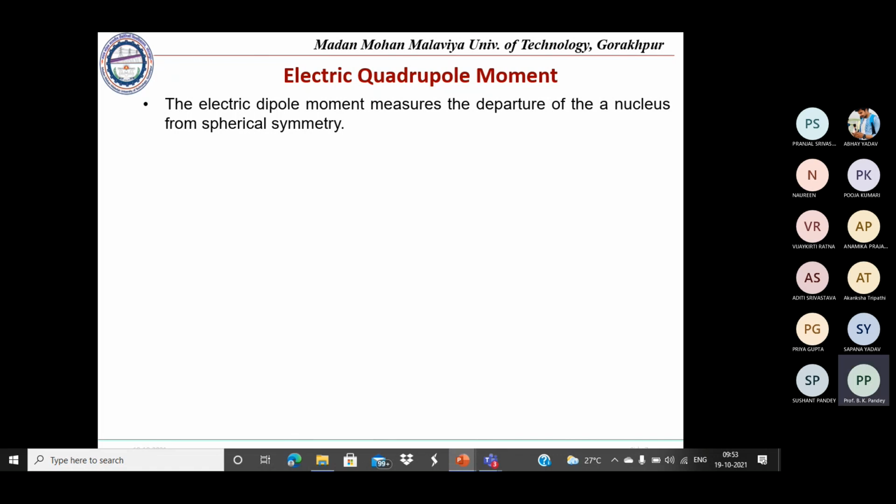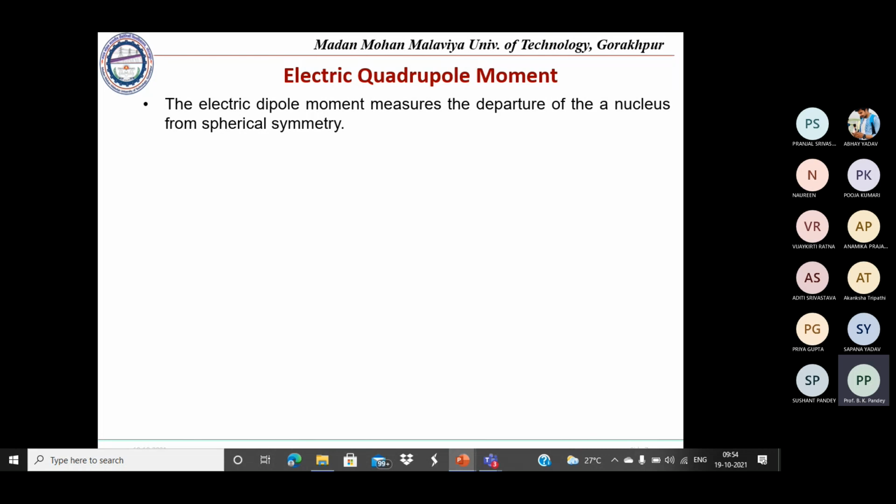Now we will have the next point, that is the electric quadrupole moment. Electric quadrupole moment is what we have to discuss here. It is some sort of situation when we are departing from the exact spherical shape of a particular nucleus.